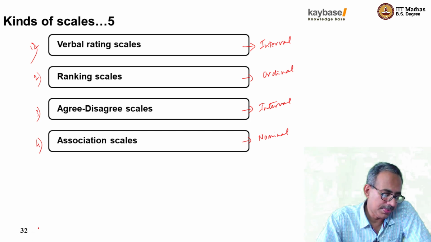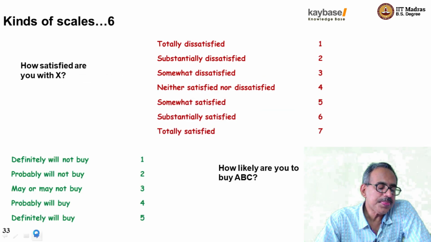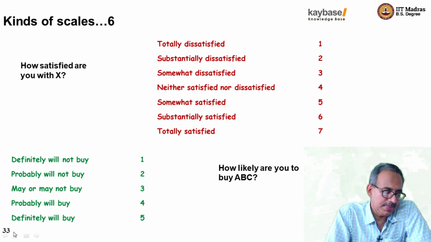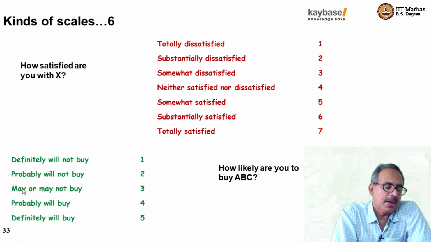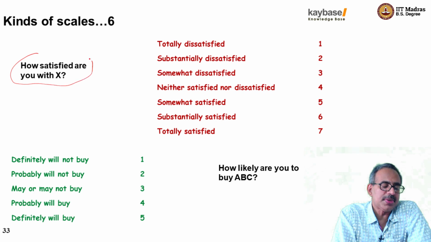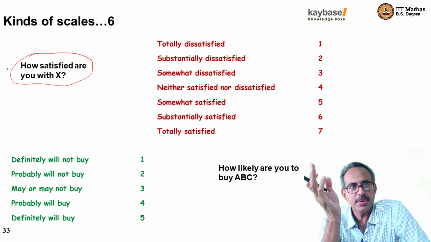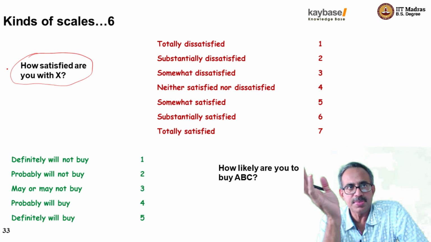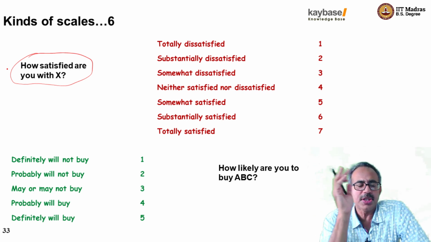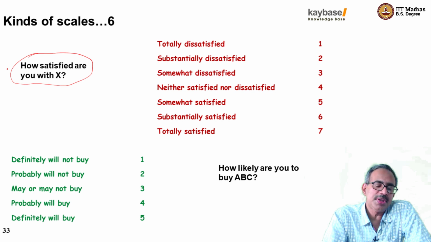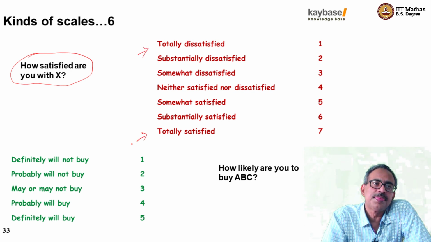Yeah. Let's go forward. So if the question is, how satisfied are you with X? X could be your refrigerator, your car, your office, your salary, your banking service provider, your credit card, could be anything. How satisfied are you? And this could be the scale that you give. It goes from totally dissatisfied, which is very negative, to totally satisfied.